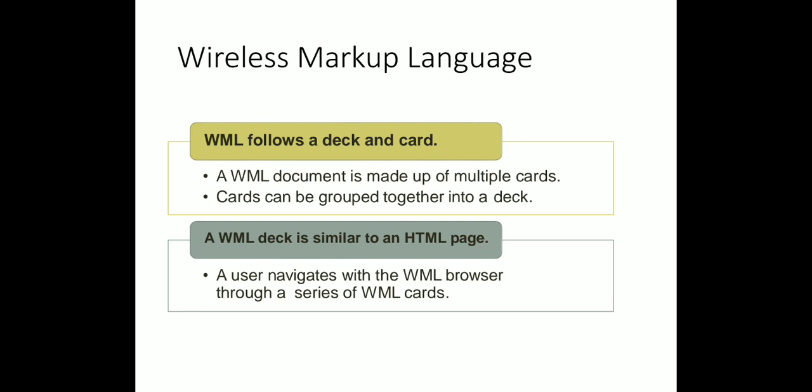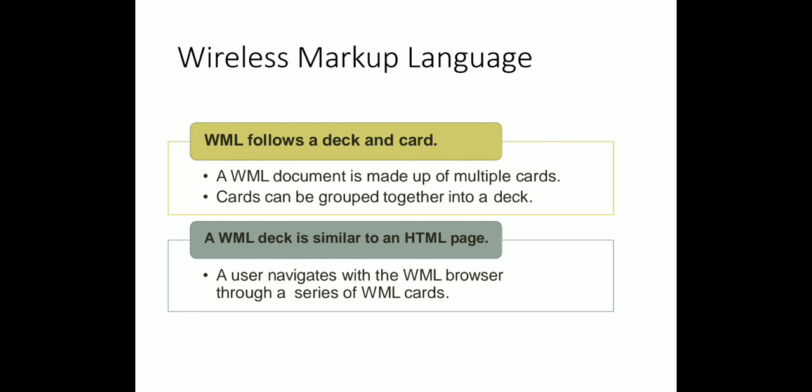WML takes care of the small screen and the low bandwidth of transmission. It is the markup language defined in the WAP specification, and WAP sites are written in WML while websites are written in HTML, as told.